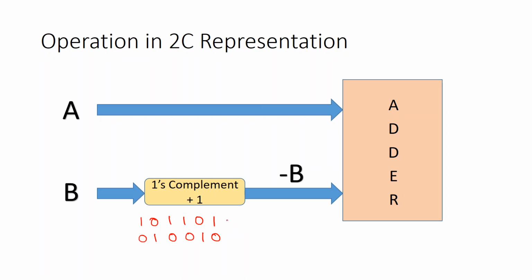So making the 2's complement is not at all a problem, and that is the way that the arithmetic logic unit actually works. It has the adder, it does not have the subtractor, and this is the way it performs the subtraction operations.